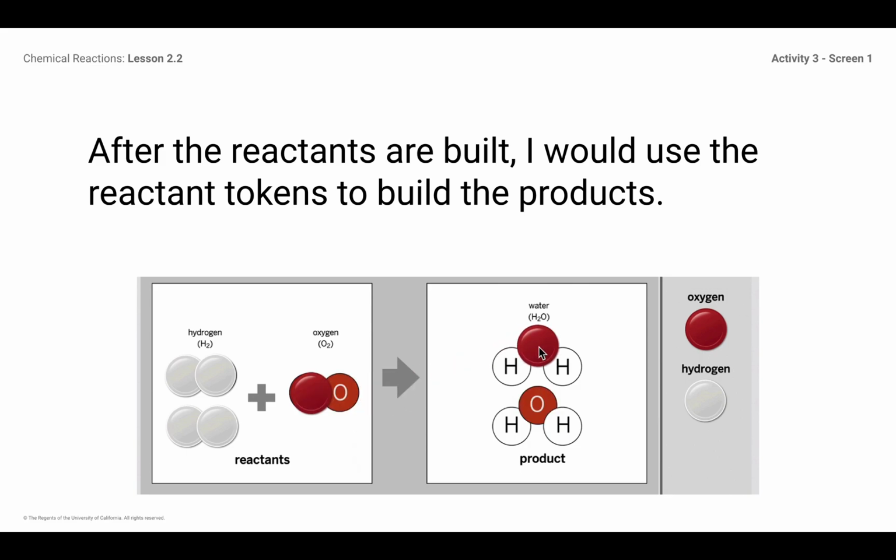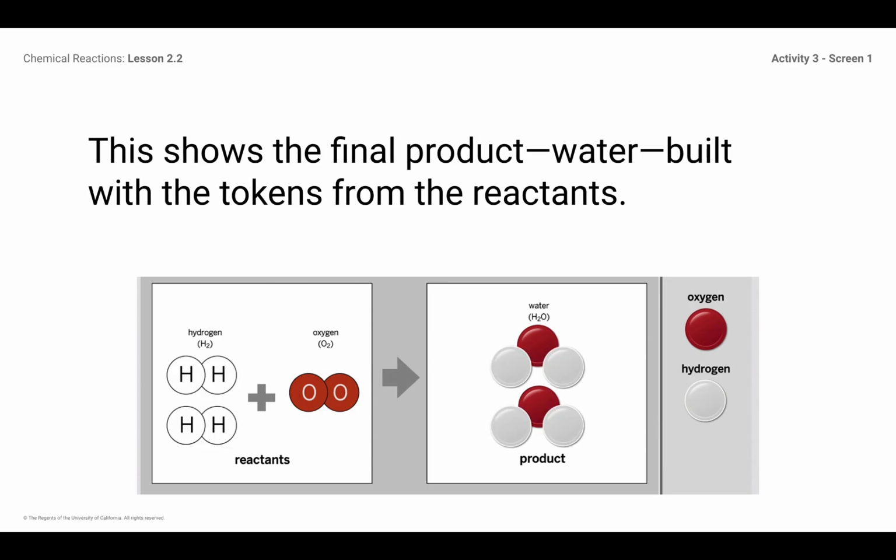So even though one substance can become another substance, the atoms that are used to build those substances do not change. And that's a really, really important key concept to remember. So that was key concept number 6.